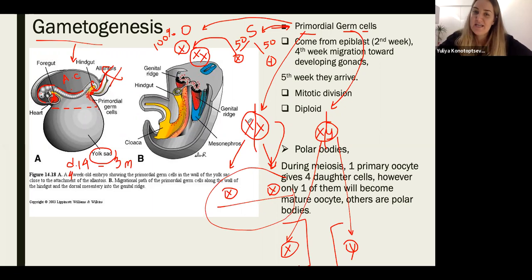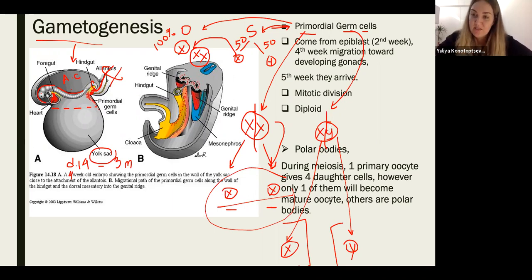A PGC carrying XX is a diploid cell. When it divides, it gives you two haploid cells. Each of these haploid cells has an X chromosome. These cells must be oocytes because 100% of them have X chromosome only. This PGC has XY chromosomes.